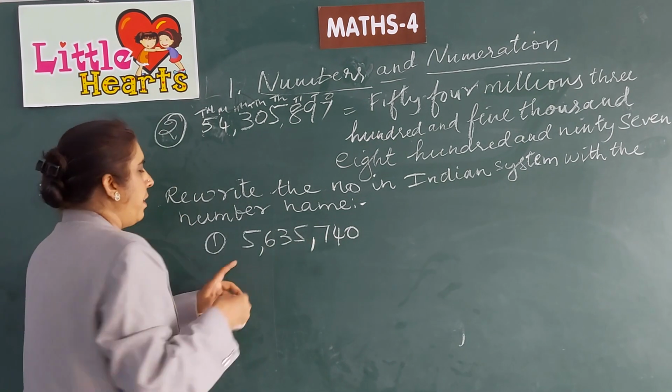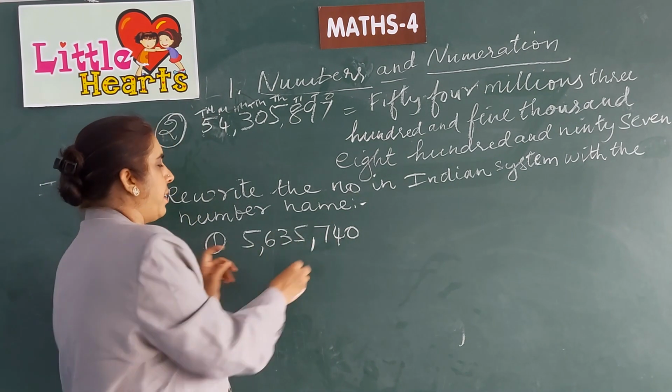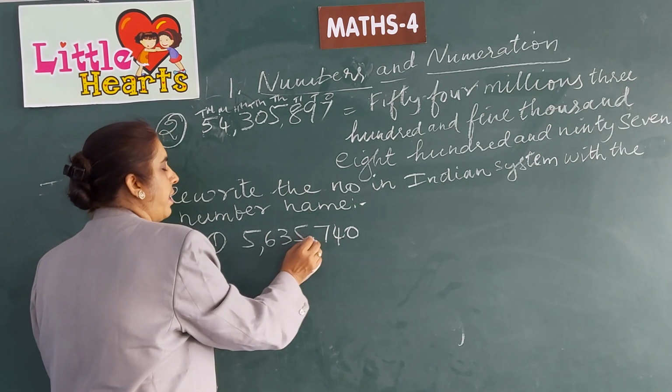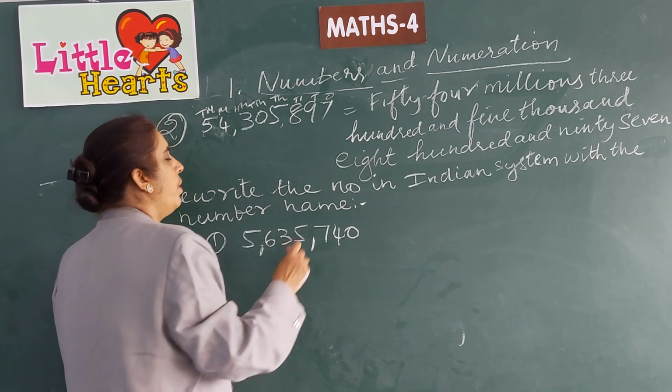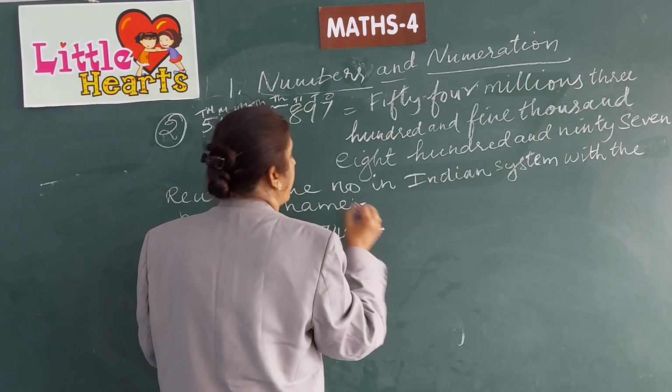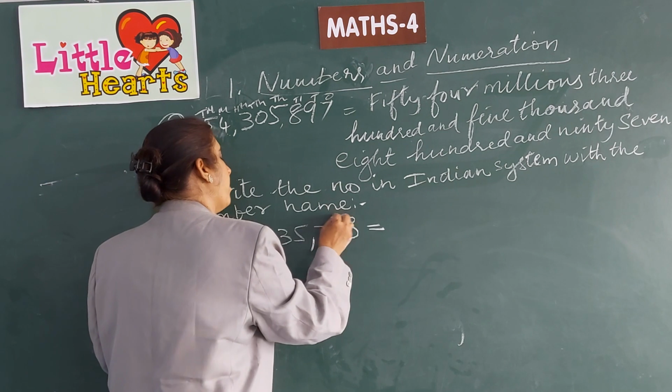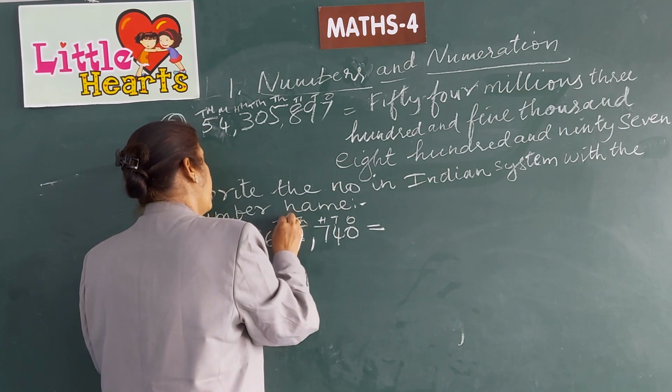This is in the international system. We can say that commas are inserted in the thousands period after three digits. It is the international system. Now we have to change it into the Indian system.